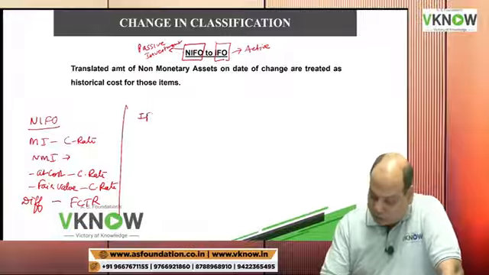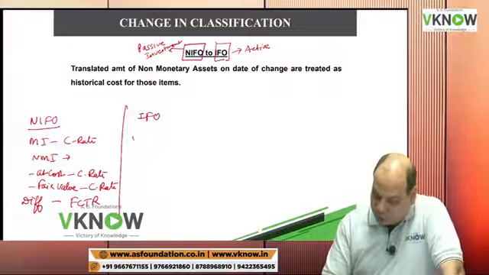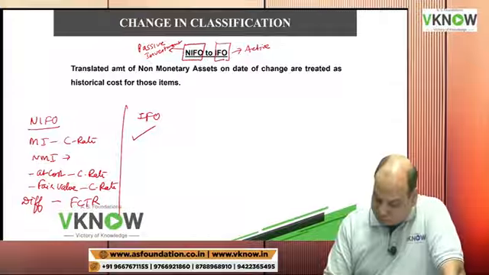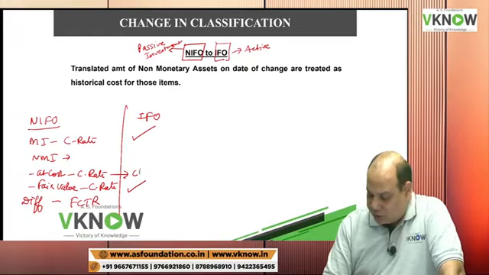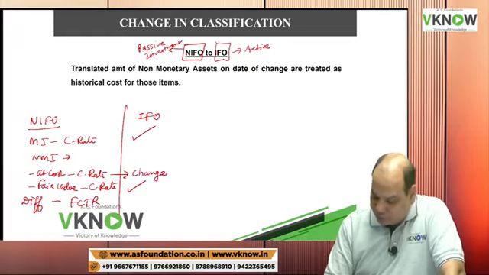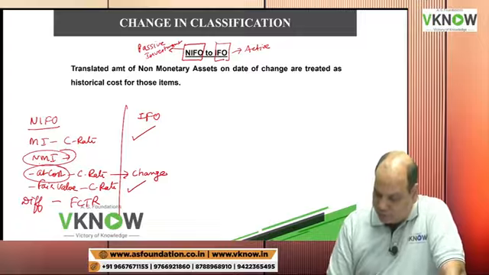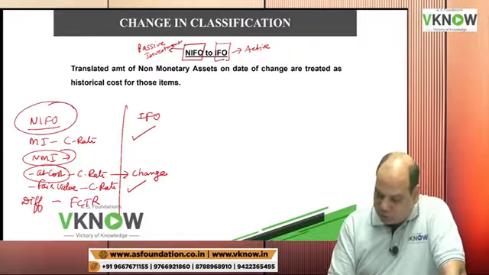Now we want to make it EFO, integral. No change here, no change here, but here there will be a difference: non-monetary items which are carried at cost. Under NIFO, we were following closing rate.